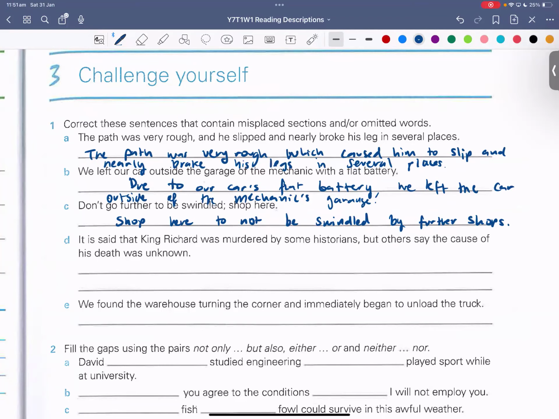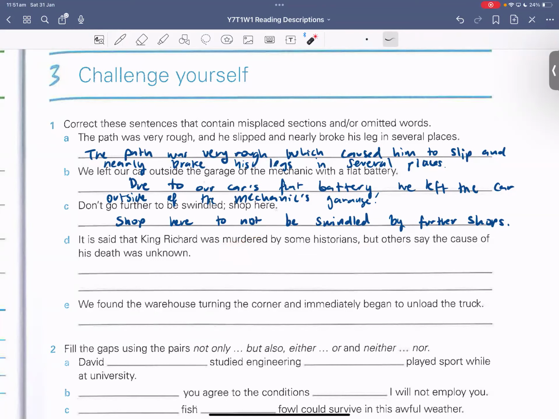It is said that King Richard was murdered by some historians, but others say the cause of his death was unknown. Who's King Richard? Do you know why this one doesn't make sense? It looks like the historians murdered him, but that's definitely not it. The historians just said that he was murdered.